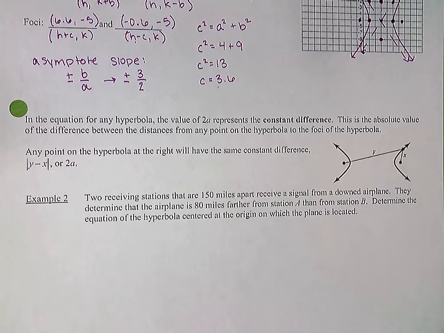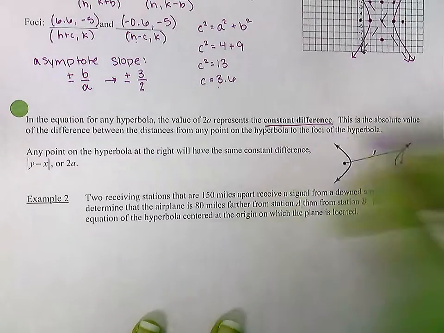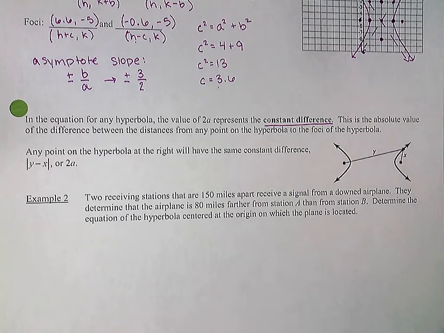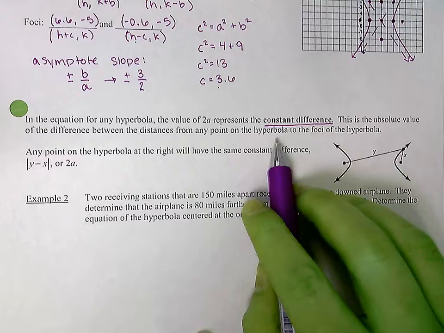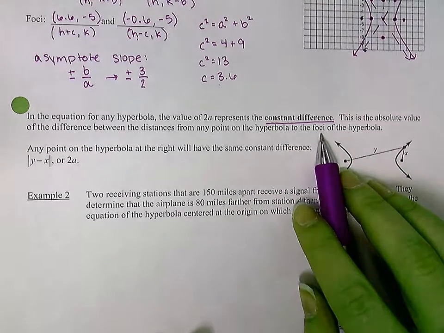So in the equation for any hyperbola, the value of 2a represents the constant difference. This is the absolute value of the difference between the distances from any point on your hyperbola to the foci of the hyperbola.